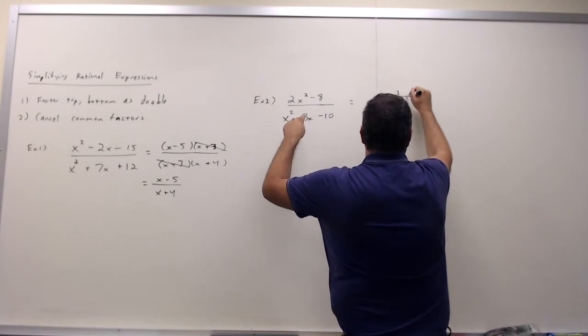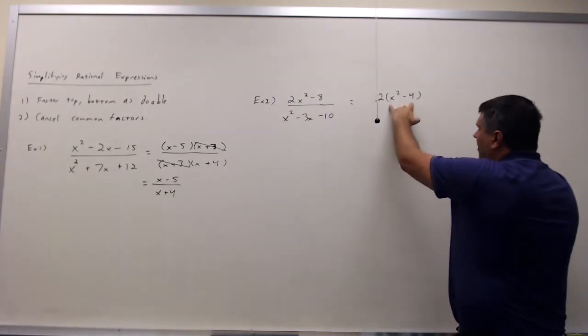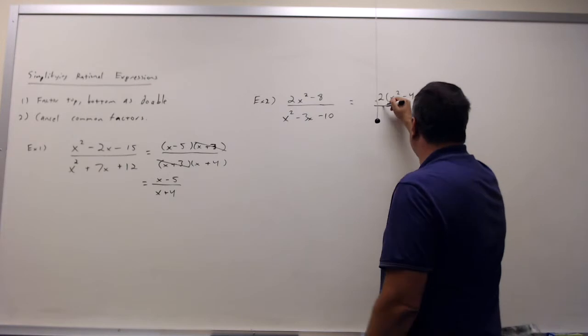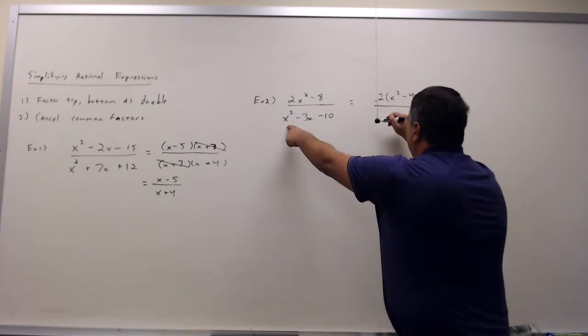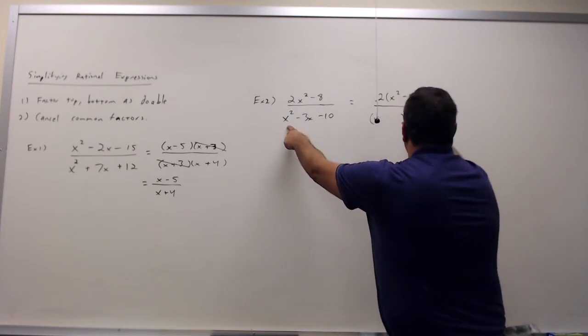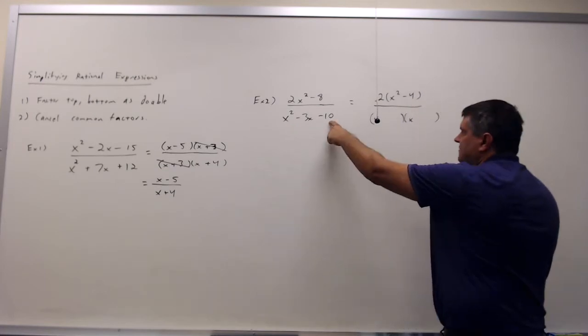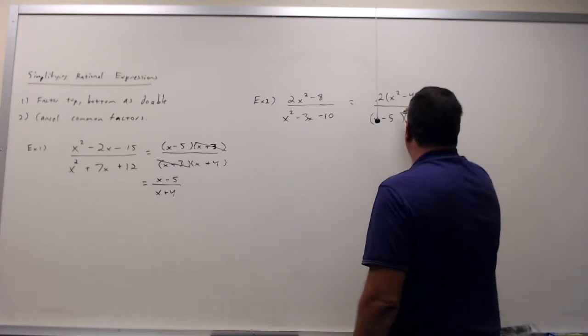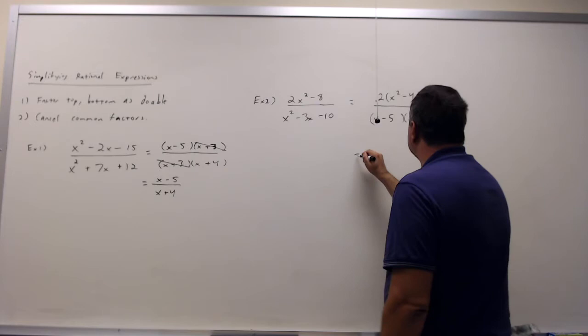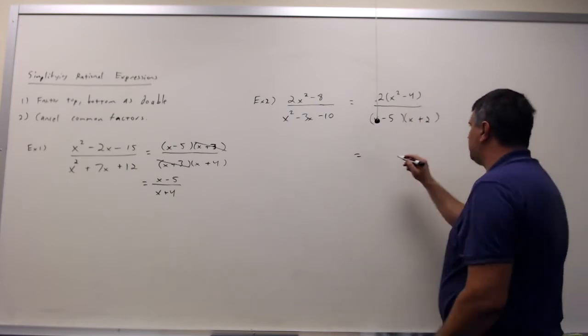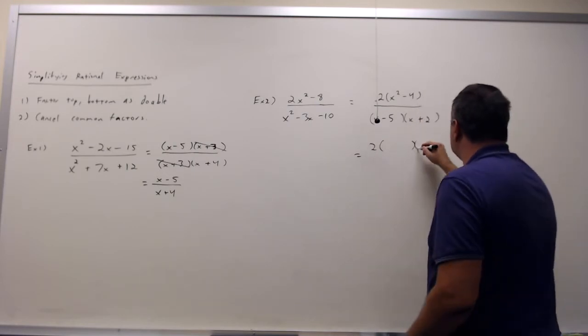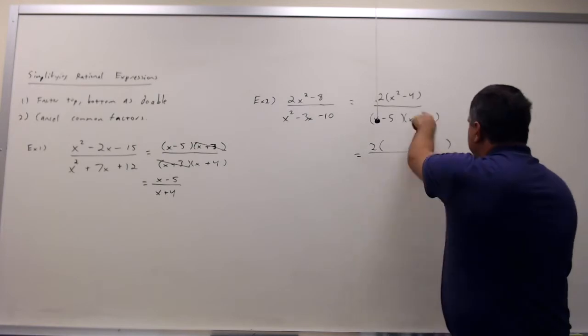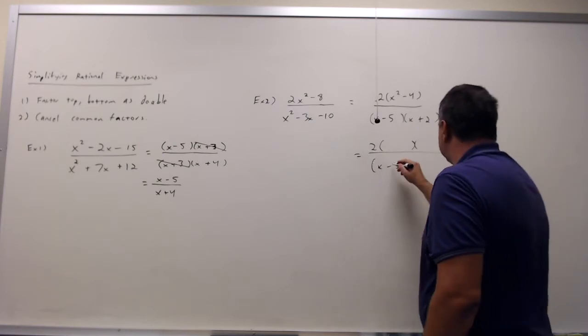That gives me x squared minus 4. That's factorable as a difference of squares. I'll do that next. This is going to be x and x. The pair of factors of negative 10 that add to negative 3 are negative 5 and positive 2. And this factors as well as 2. These are done. I'll go ahead and copy this as is.